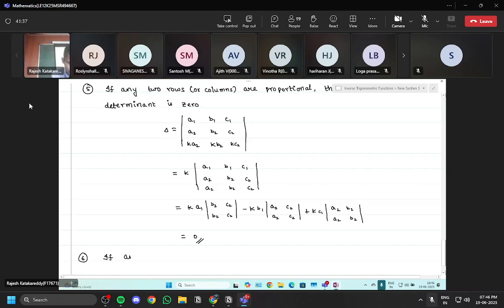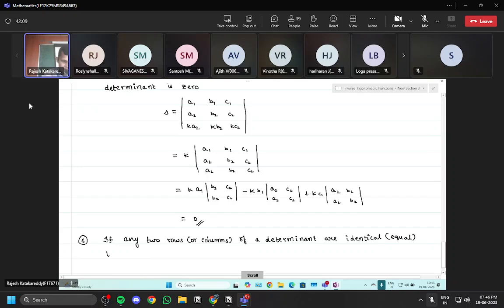I think before this we would have written: if any two rows or columns of a determinant are identical, that means equal, in that case we can say the value of determinant is 0.